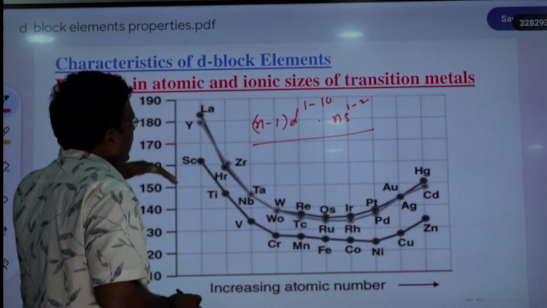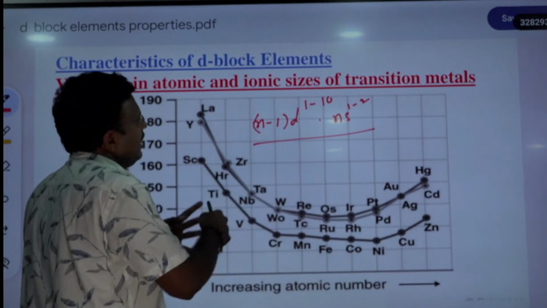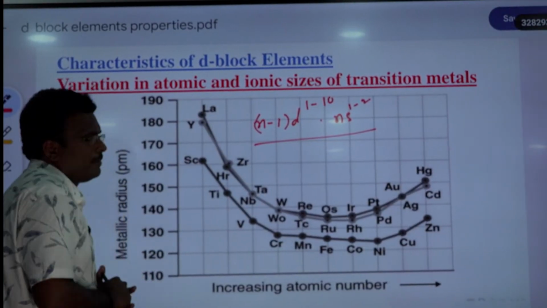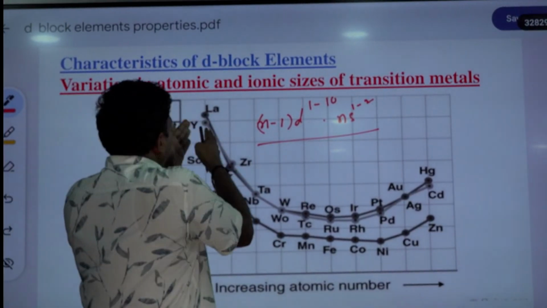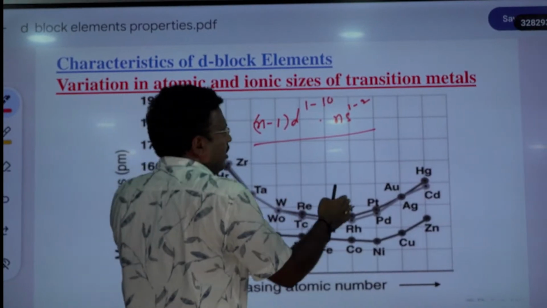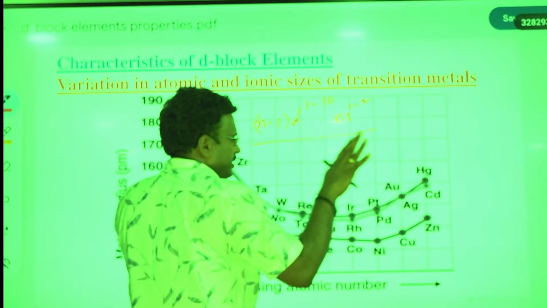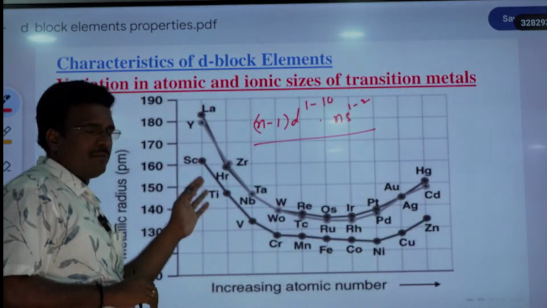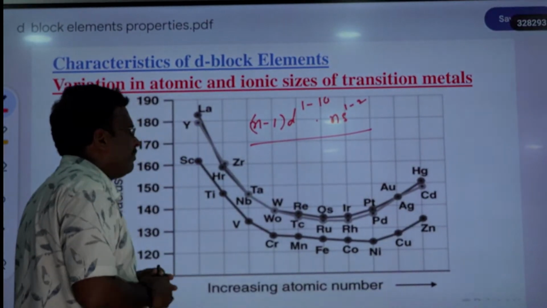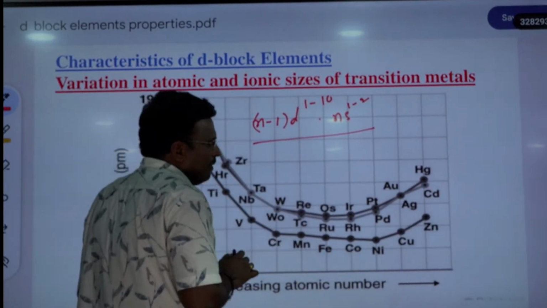That is the general configuration. So the atomic radius varies, especially in the D block elements. In general, in a period, left to right, atomic radius always decreases, right? But here there are special cases. Very, very important question.